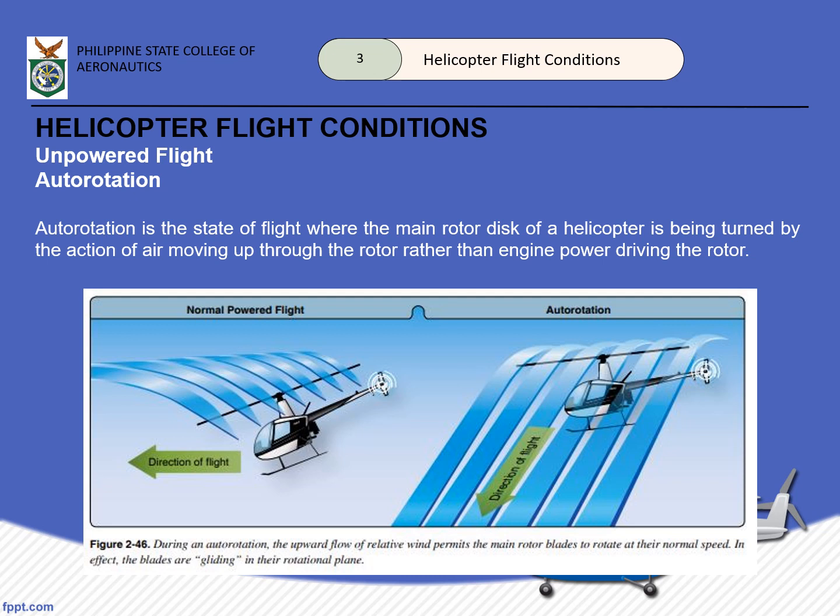So, compared to a normal flight where air is drawn into the main rotor system from above, then is being exhausted downward, sa auto-rotation, yung air natin would be coming from below that would move up sa ating rotor system as it descends.